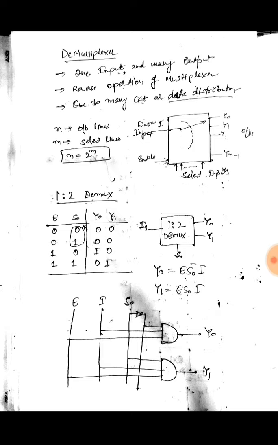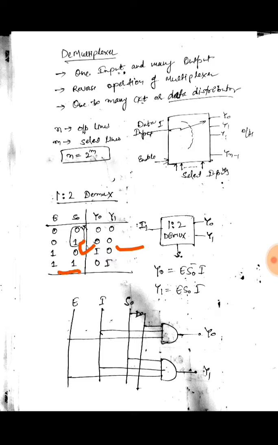So if I am using the enable as well, then for e equal to 0, whatever the select line, that is 0 or 1, output would remain 0. Now if enable is 1 and for s0 equal to 0, I would get y0 and y1 as, because I have only one input, y0 would be I and y1 would be 0.